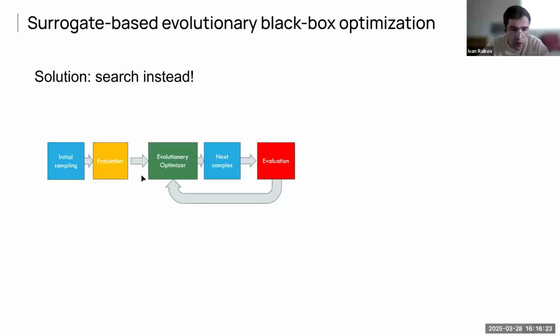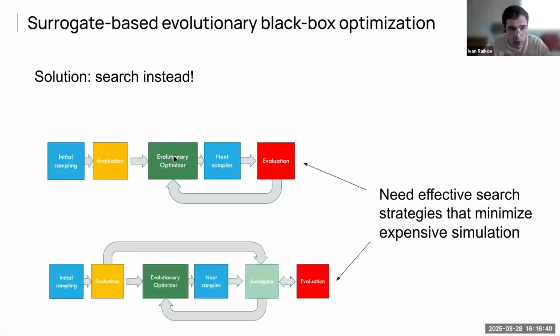We've used a family of evolutionary optimizers. Once the evolutionary optimizer finds the best parameters of the surrogate model, then we go back to the original model and we sample it with the parameters we have found, which then gives us an improved surrogate and so on. And so we need essentially a search strategy that minimizes expensive simulation by building an effective surrogate model.